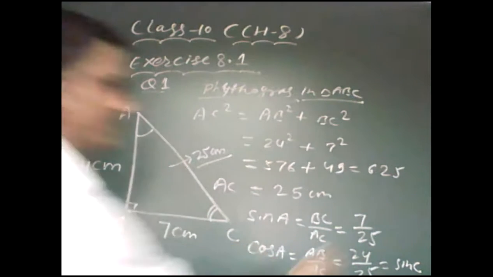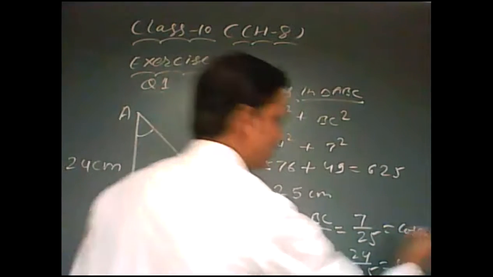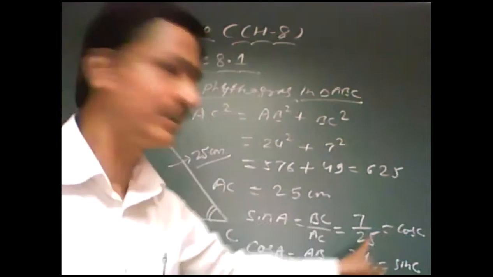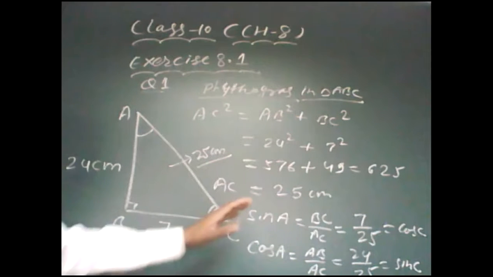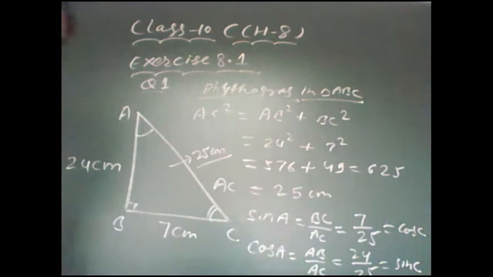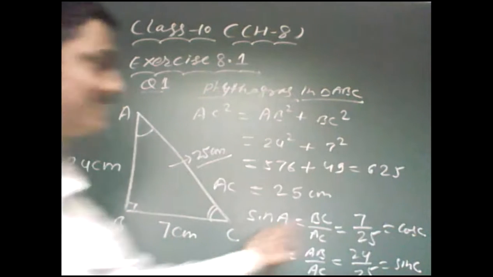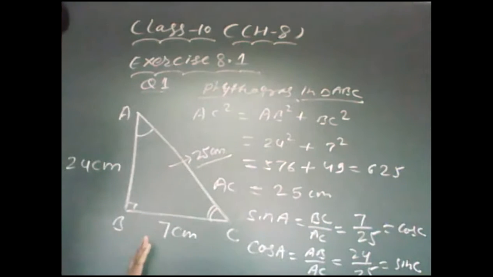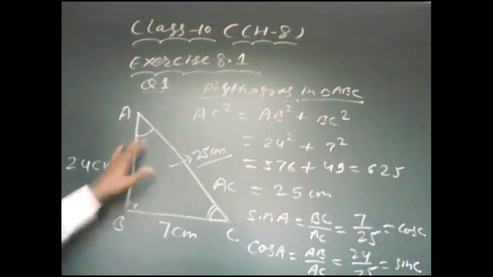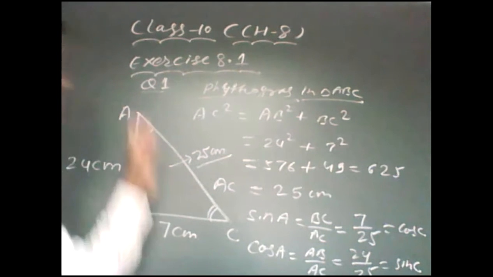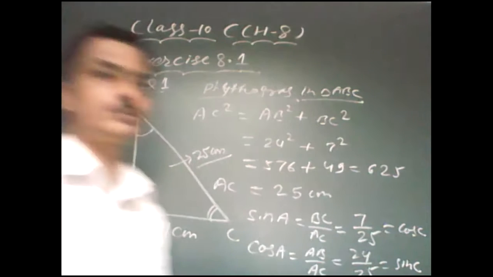This is cos C. Understand? Sin A is equal to cos C, and we will discuss this concept in the next segment of this chapter. Here we use the trigonometric ratios for sine and for cosine. Okay, this is for question number 1.